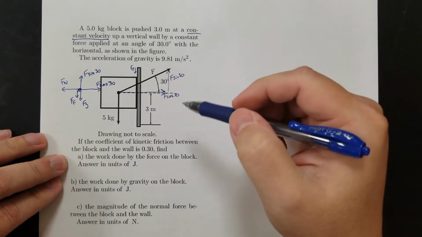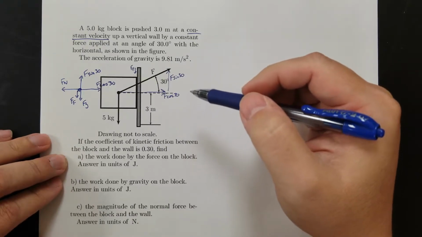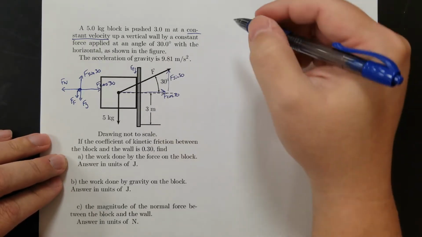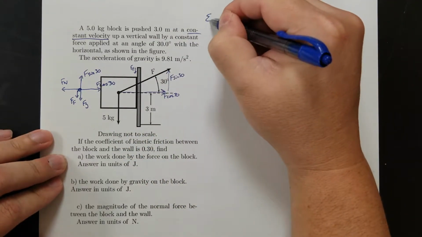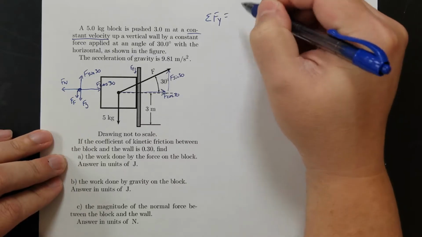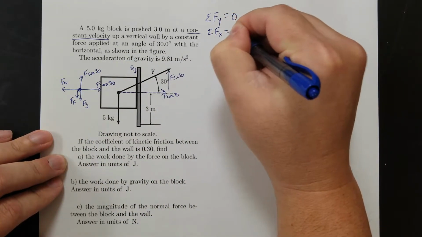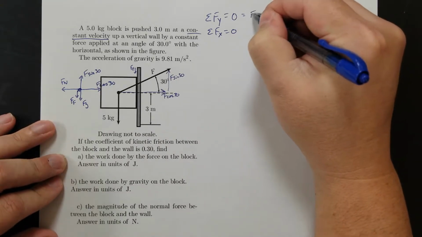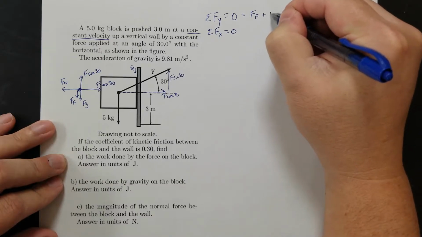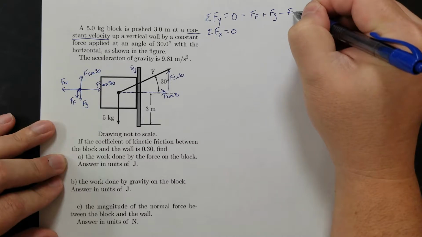Okay, so I want the work done by the force on the block. So I need to figure out the total force acting on the block. Let's start by writing our equations from this. I'm going to write a y equation. Net force in the y, it's going at a constant speed, so it's 0. Net force in the x is also going to be 0. So the y is frictional force plus Fg minus F, what is that?